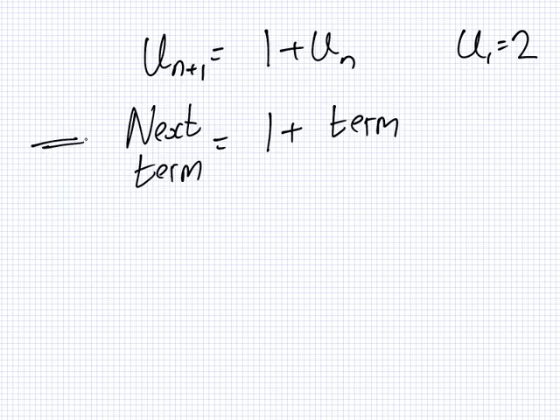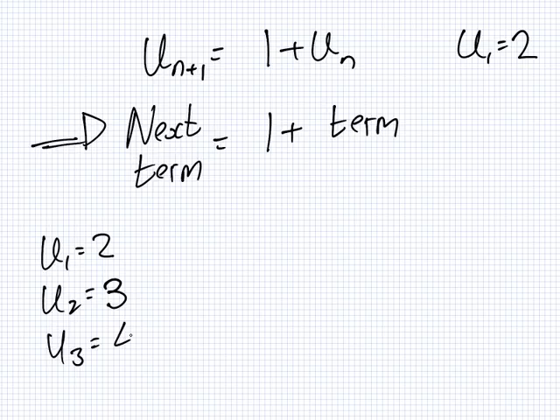That would be what this formula is in English. So for example, I start at 2. What's the next term? 1 plus the term, so 1 plus 2, 3. What's the next term? 1 plus the term, so the next one would be 4.